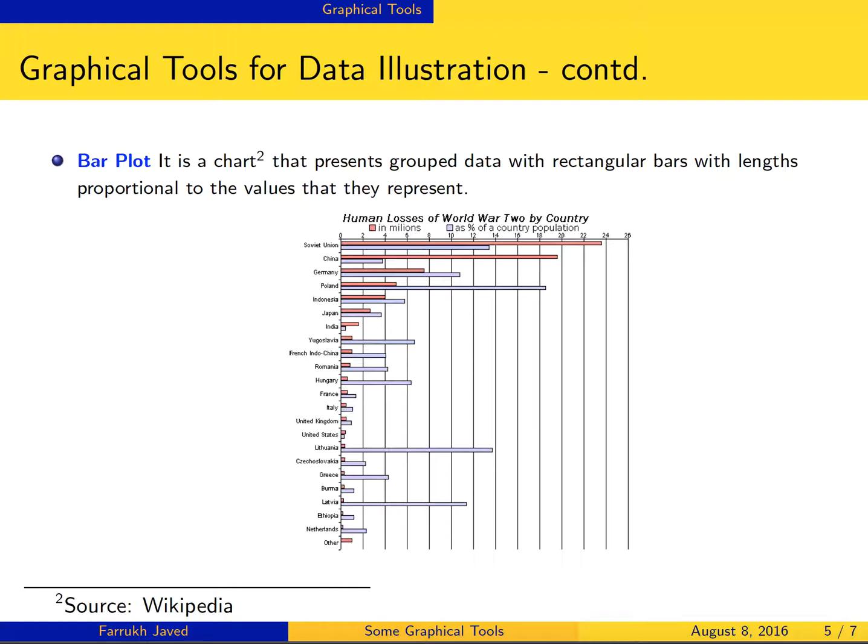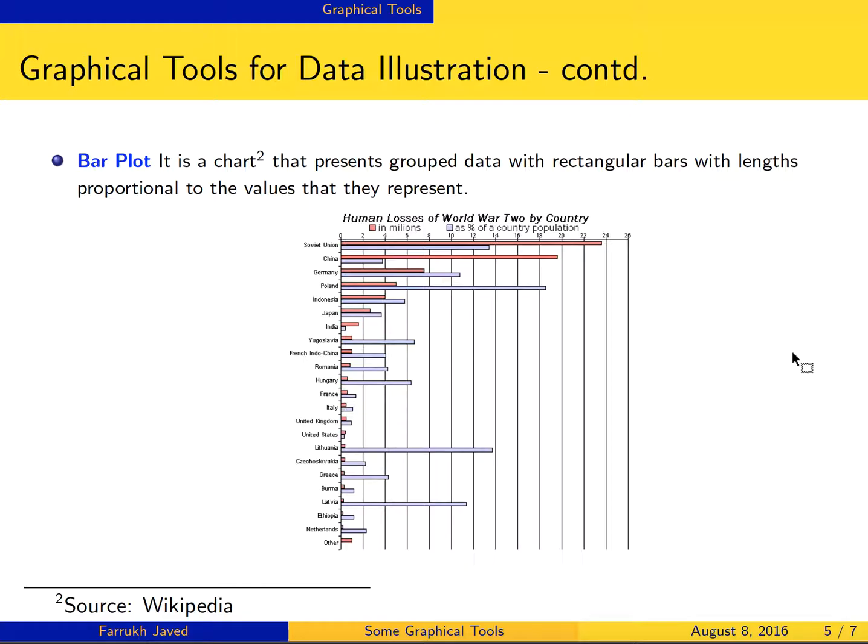Bar plots are also very important, and you might have seen them in many social science research papers and similar areas. It is a chart that represents grouped data with rectangular bars with lengths proportional to the values that they represent, like human losses of World War II by country.